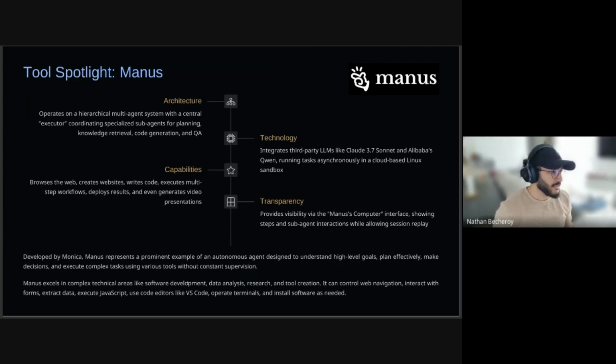For the capabilities, you can use it to browse the web, create websites, write code, execute multi-step workflows, deploy results, etc. And something really good about Manus is that it shows you its computer interface, so you can see how it's working and how it's going through the tasks.